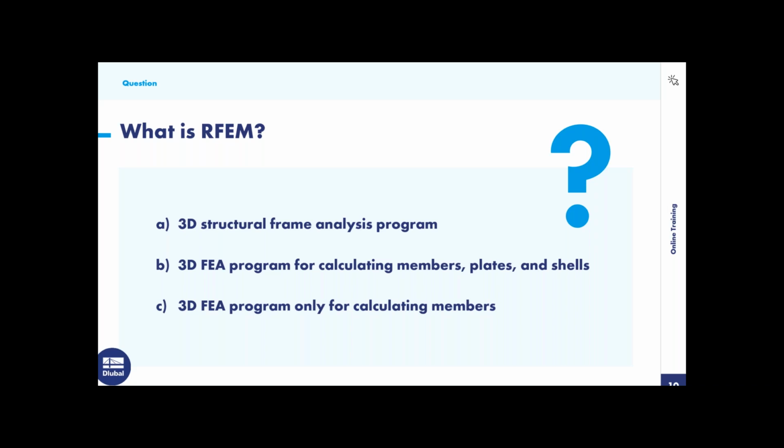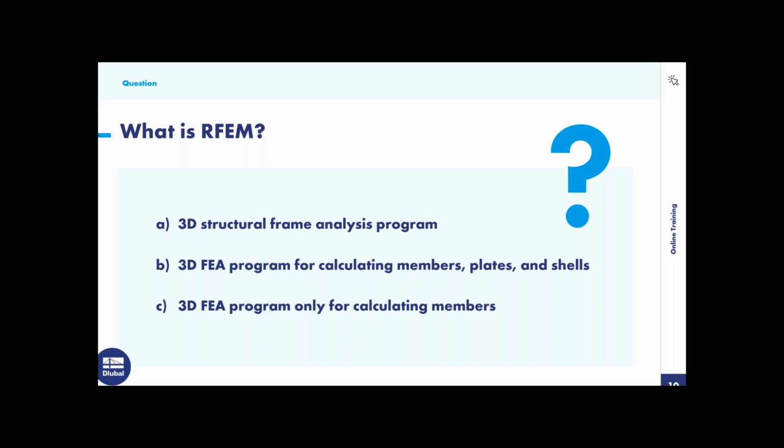All right, so again, what is RFEM? It looks like the majority of people are saying B, some are saying A. So the correct answer for this question is B. RFEM is a 3D FEA program for calculating members, plates, and shells.